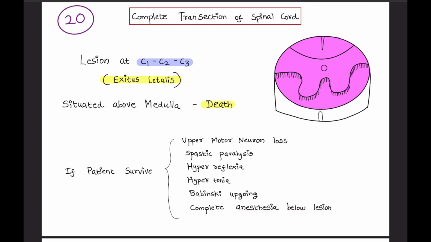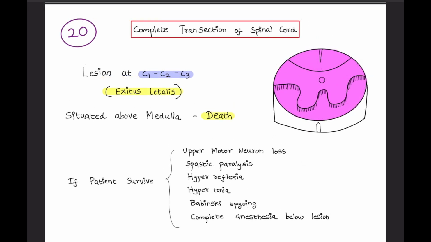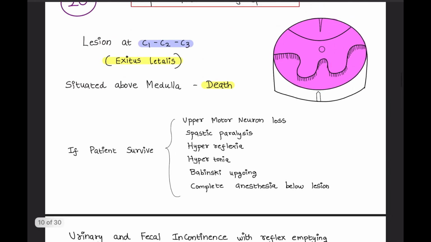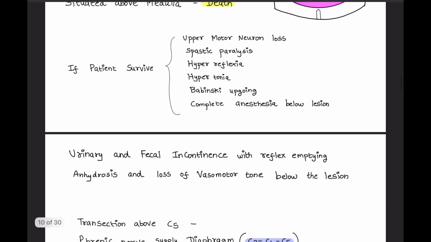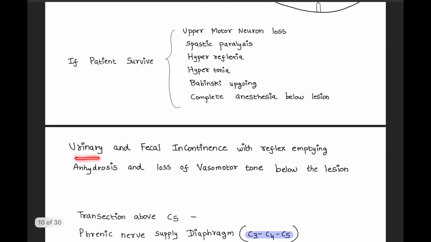Because the motor nerve fibers are affected, the patient will have lower motor neuron type of problems, and the patient also has upper motor neuron loss because the corticospinal pathway is also affected, and sensory nerve fibers entering the spinal cord are also affected, that is, dorsal column sensations are also lost. Because of this the patient will have urinary and fecal incontinence with reflex emptying.